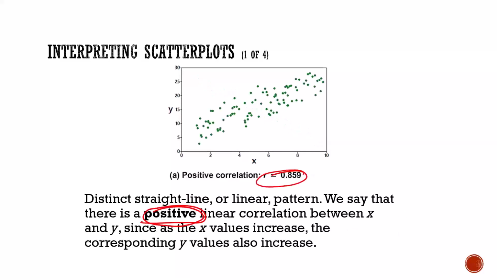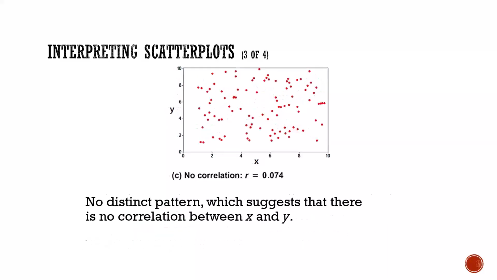This one has an R value that's positive, and it's close-ish to 1, but definitely not as close as the other one was to -1. This has almost no correlation, so R is almost equal to 0.